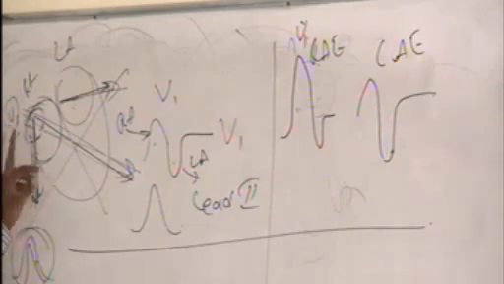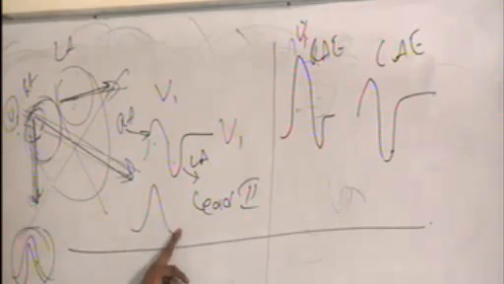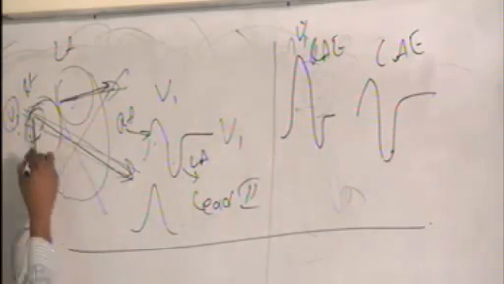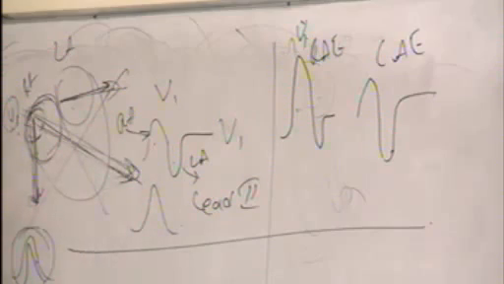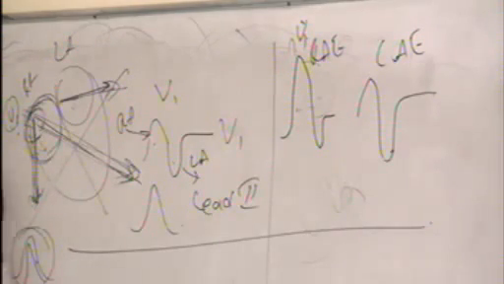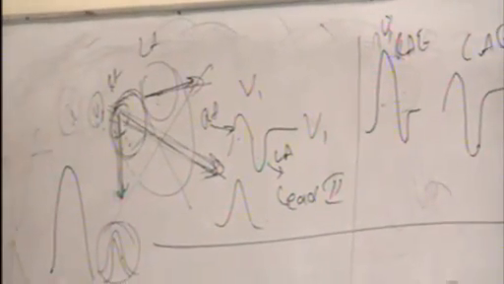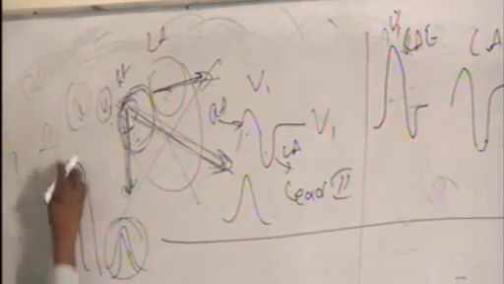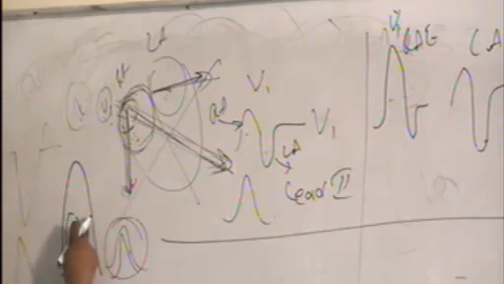Then if we take lead 2, what do you get if there is a right atrial enlargement? If right atrial enlargement is there in lead 2, then the right atrium produces a significant, tall P wave, and the left atrium also produces a P wave, but that becomes embedded in the right atrial P wave.